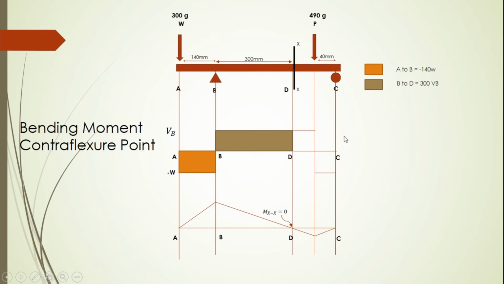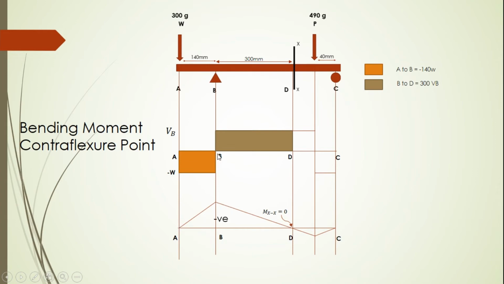So down here we have a graph of the bending moment. The moment can be found by finding the area, which means A to B is negative 140 W. The value is negative, so it's going up.